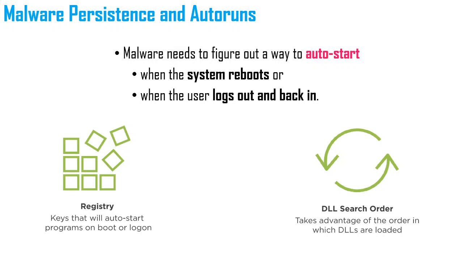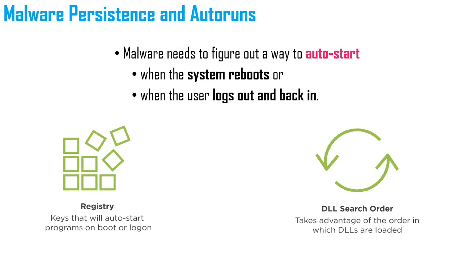So malware needs to figure out a way to auto start, so that every time I reboot, or when the user logs out and back in, the malware persists in my system. That is the autorun behavior. Autorun is nothing but running automatically when the system gets rebooted.